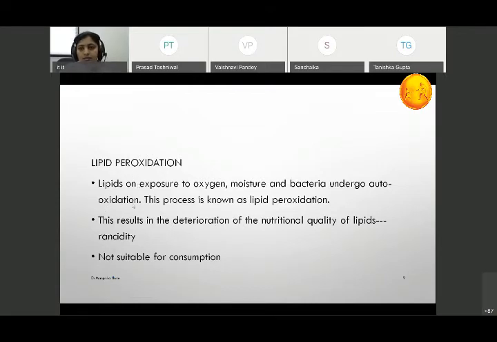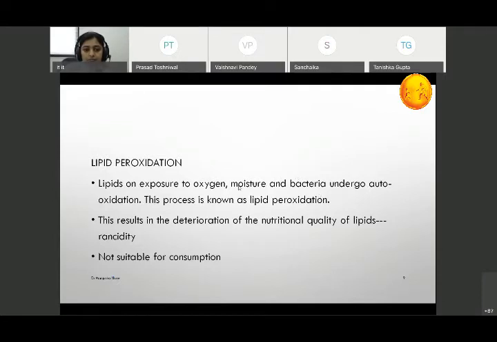Lipids, mainly we are talking here about PUFA, that is polyunsaturated fatty acids. They are exposed to oxygen, moisture and bacteria. Hence they undergo autooxidation and it leads to formation of free radicals and reactive oxygen species. This is known as lipid peroxidation.